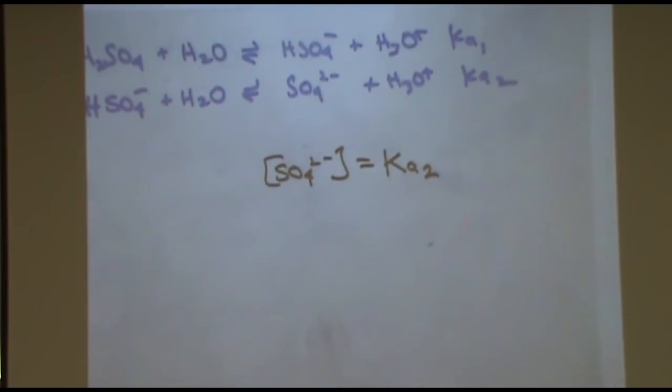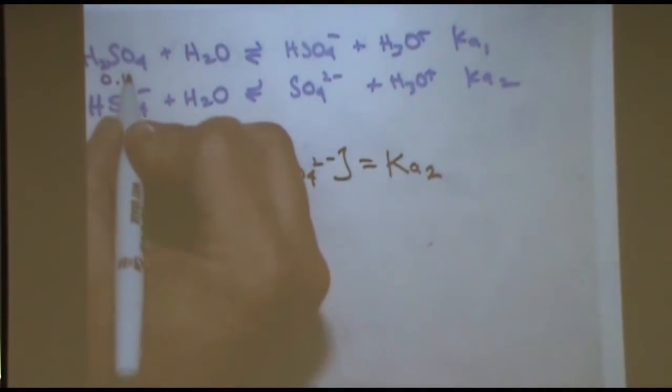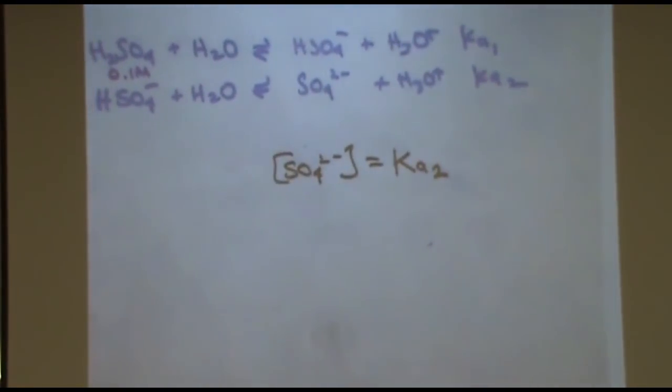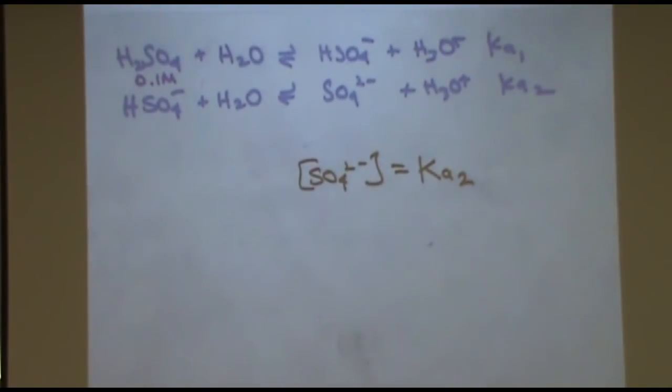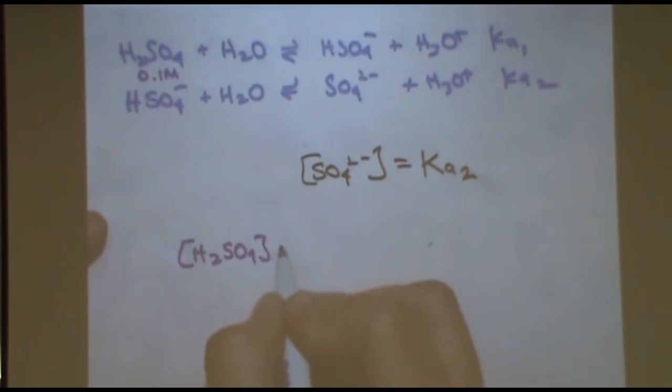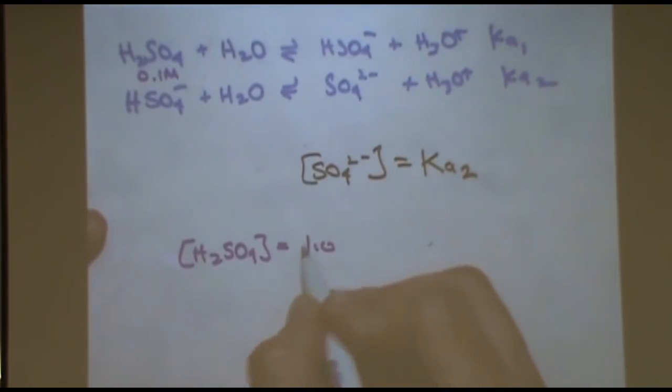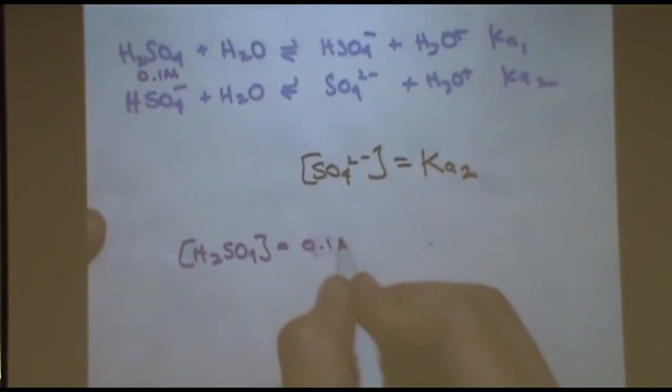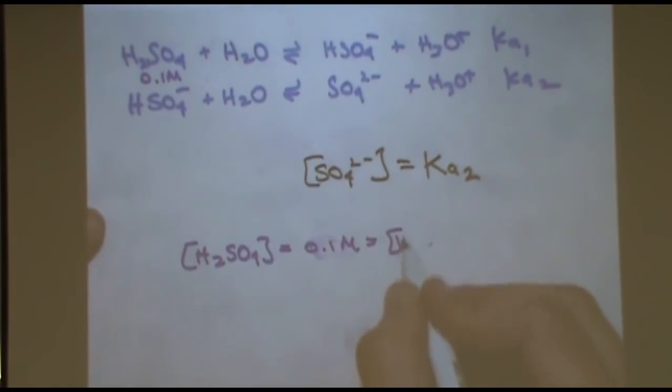What else? Let's say I give you a molarity here. Let's say 0.1 molar of the H2SO4. What method would you use to solve for the pH? All you would say is, well, the initial concentration of H2SO4, which was 0.1 molar, is equal to the final concentration of H3O plus.